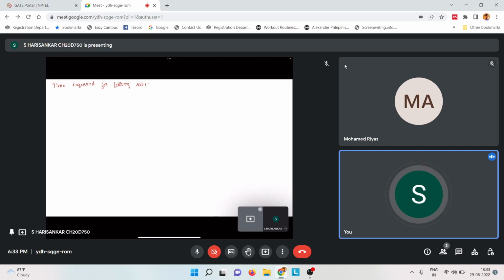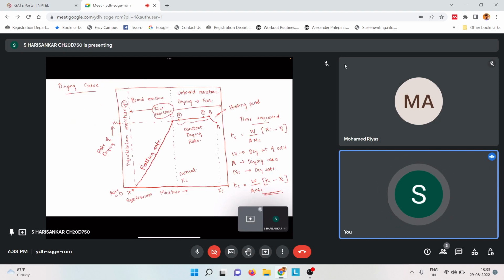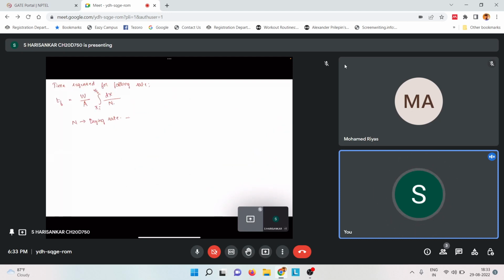and that time will be represented as Tf, which will be equal to W by A, which is constant, and integral of xi to xf dx by N. Here also this N represents the drying rate, but the difference is that unlike in a constant rate regime where the drying rate was constant, in a falling rate regime this drying rate is a function of the moisture in general cases.